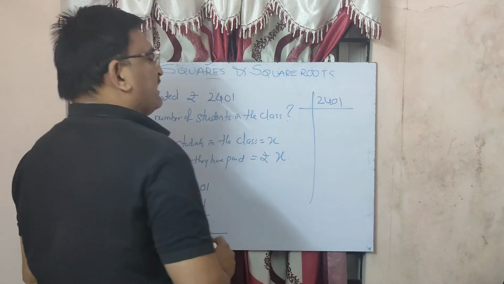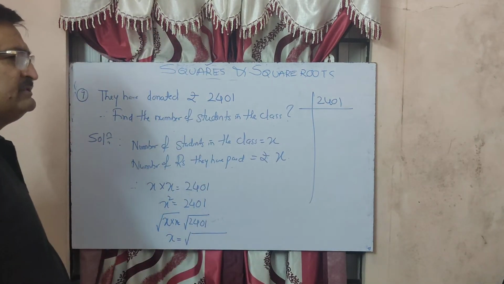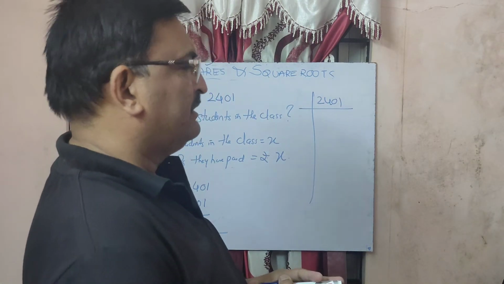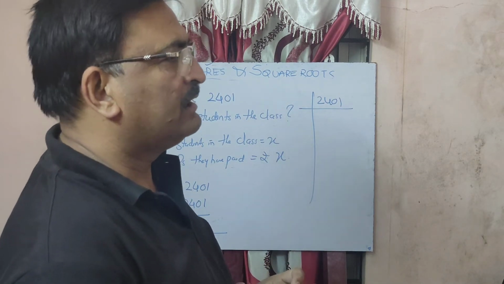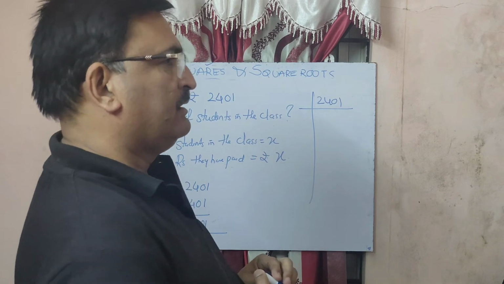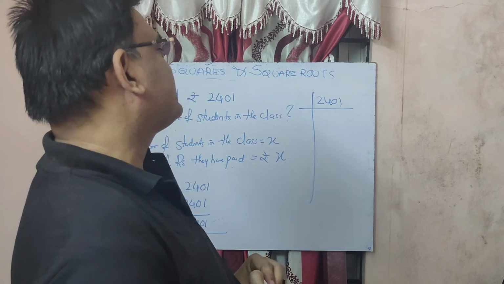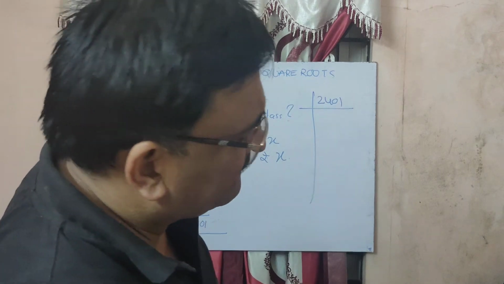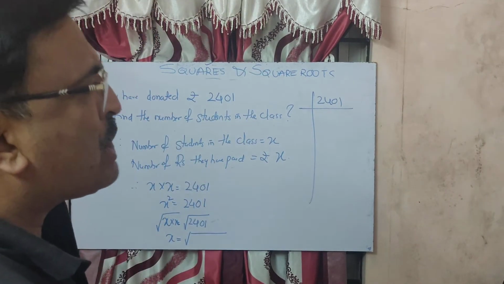Now the last number is 1. It means it can be divided by numbers ending in 1 or 9.